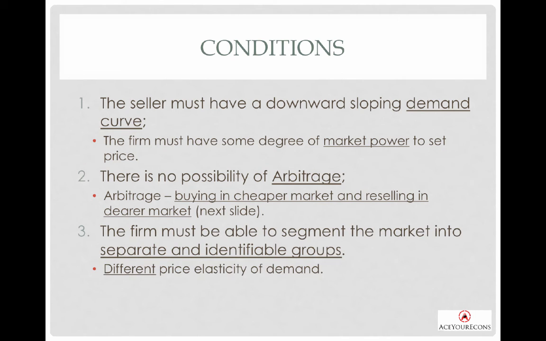And the last part: the producer or the firm must be able to separate and identify different market groups. Different market groups will illustrate different willingness to pay and different price elasticity of demand. We have seen in the earlier video that students have a lower willingness to pay, or they are quite sensitive to price.